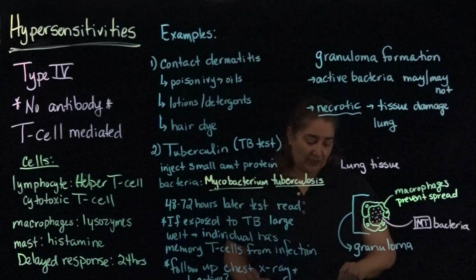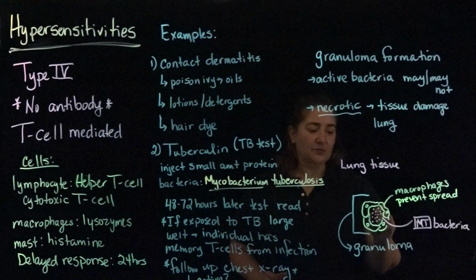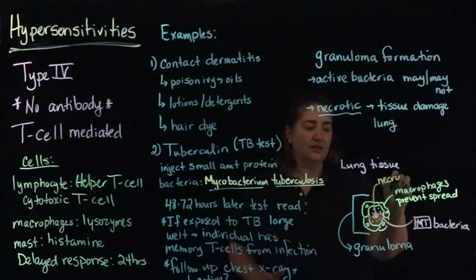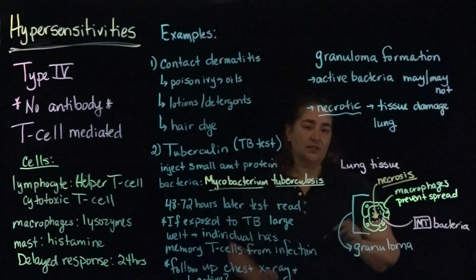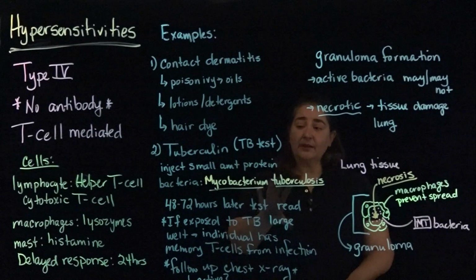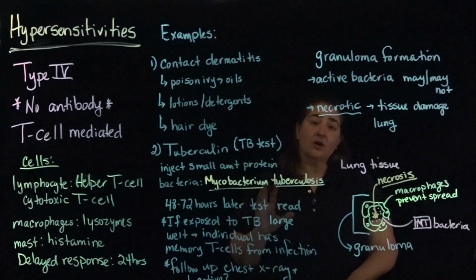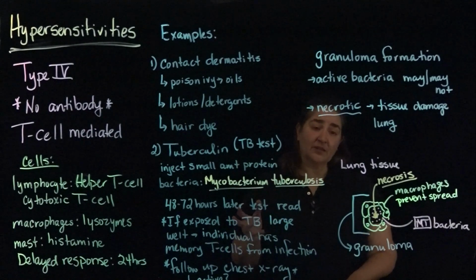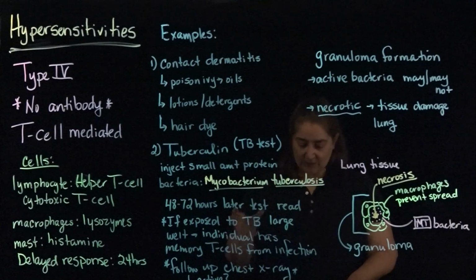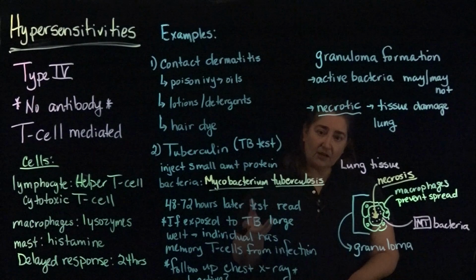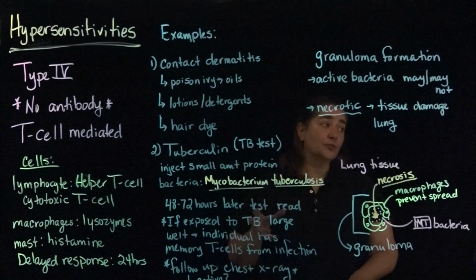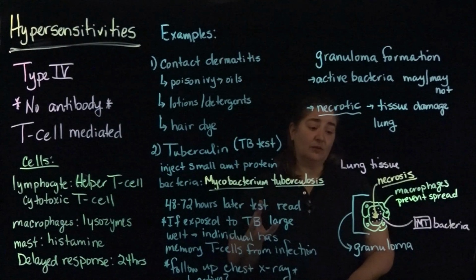And at times you can have, associated with the granuloma, necrosis or necrotic tissue there, okay? The example I use is tuberculosis. There are other types of infections that can cause this type of granuloma hypersensitivity to happen. Tuberculosis is one, leprosy is another, tularemia is another one, okay?